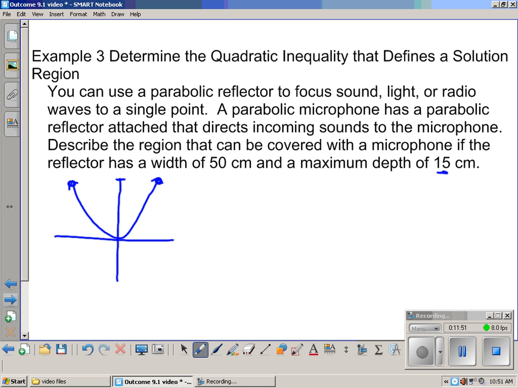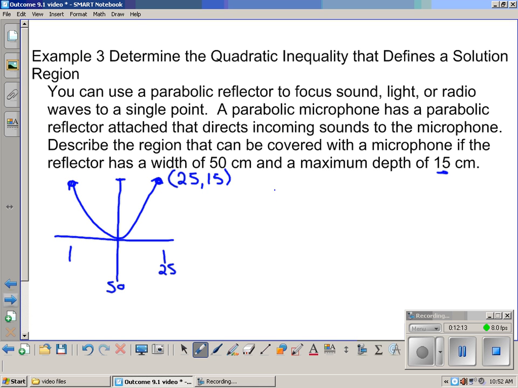The distance from here down will be 15. I also know that the width of it is 50, which means that it goes 25 in each direction. And so this point would be the point 25 and 15. We need to write an inequality for that.